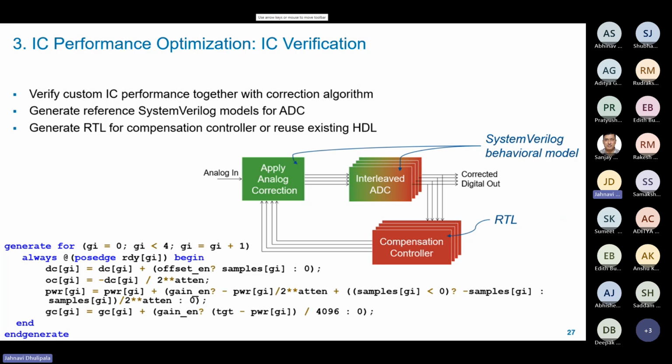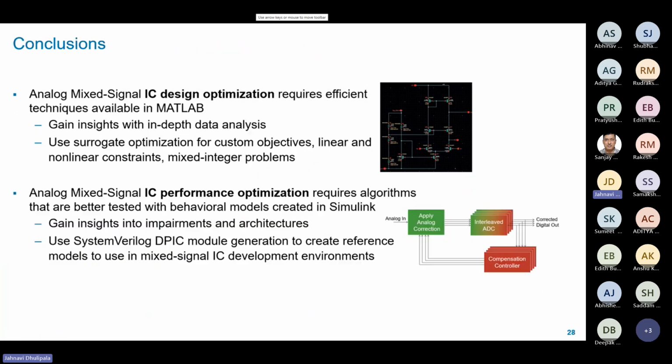We will integrate existing HDL with the SystemVerilog model from Simulink for the interleaved ADCs. On the whole, you can do behavior level modeling, use the correction algorithms, and finally generate the SystemVerilog code, which can be used for the verification of your mixed signal IC, and that's how we will be improving the performance of your design.